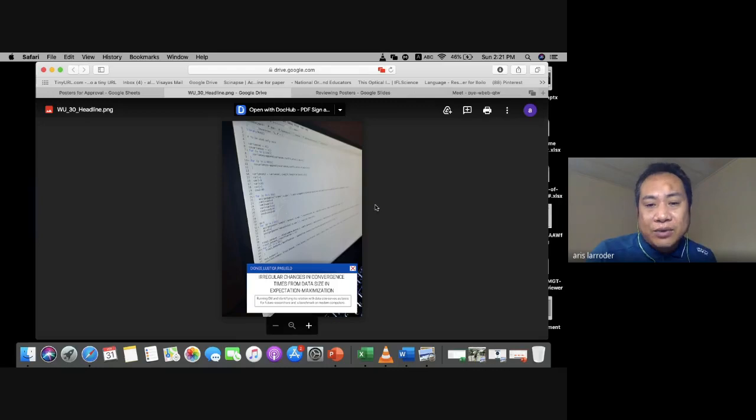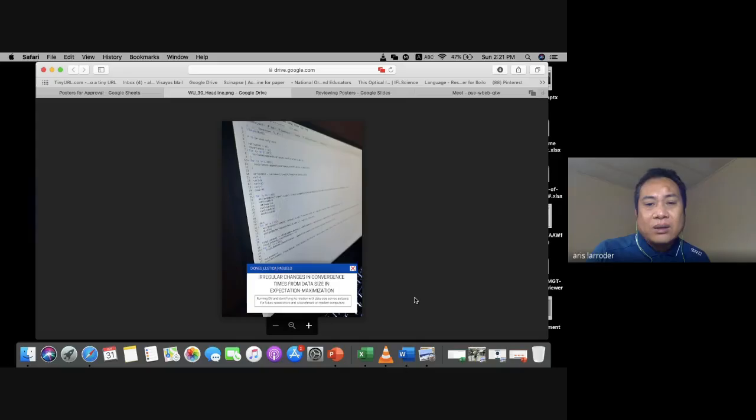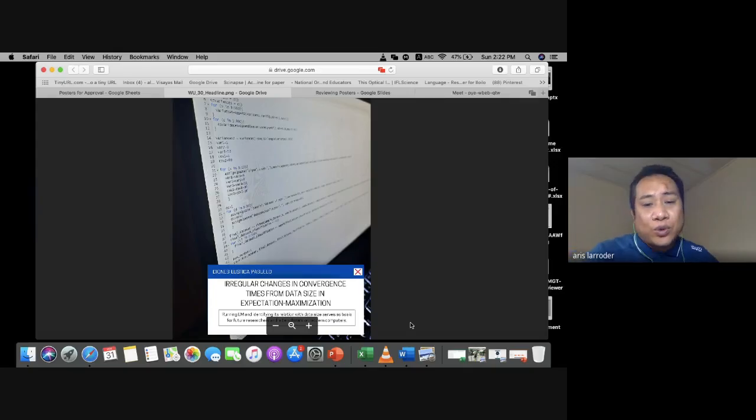For this one, irregular changes in convergence times from data size and expectation. So, ayan. So, very technical yung information. For those who are inclined into programming, probably this might be exciting. But how about for those who are not into it?